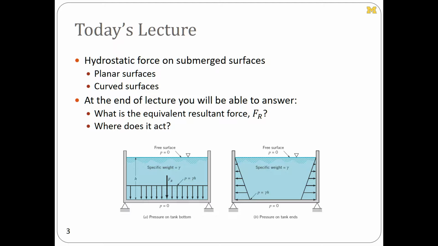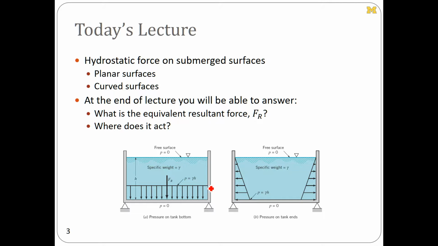The first one we're going to consider is the case of a tank made up of planar surfaces like this, with a horizontal bottom and vertical walls. And what we're going to do is compute the resultant pressure force acting, and the location of the resultant, on each of these surfaces.